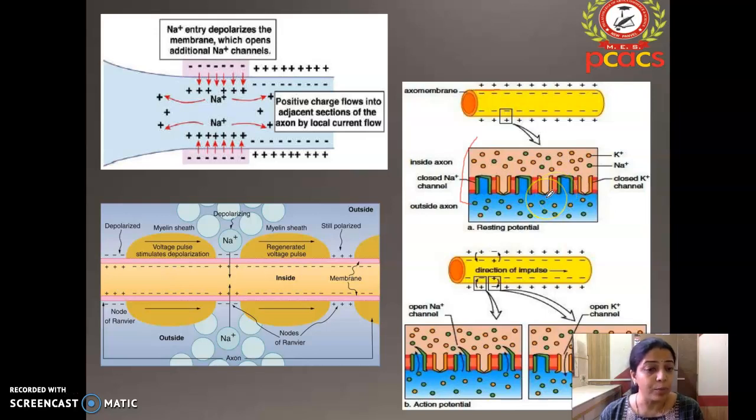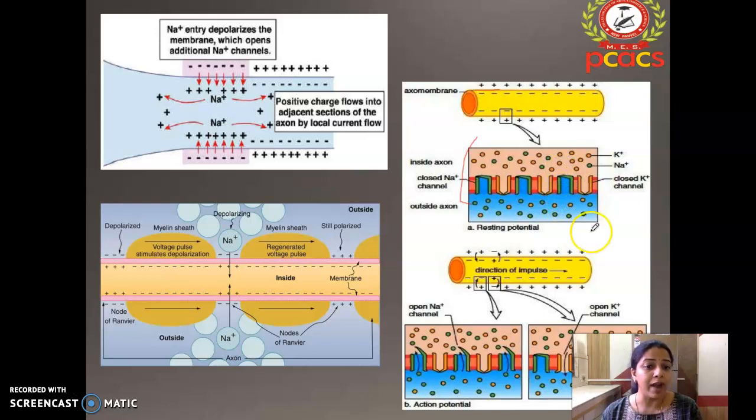Whenever your neurotransmitters bind to these receptors, most of the receptors are sodium ion channels. So sodium ion channels open up and the sodium ions will start to influx. They will come inside the cytoplasm or axoplasm.